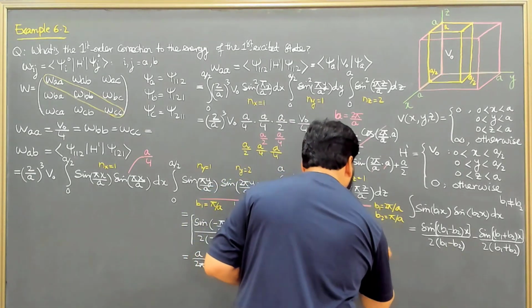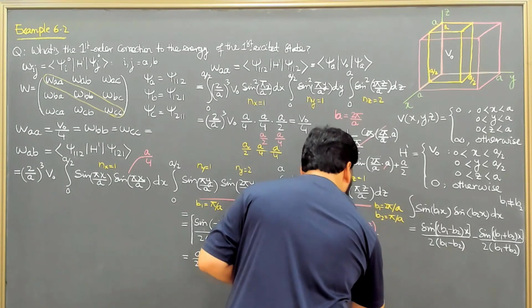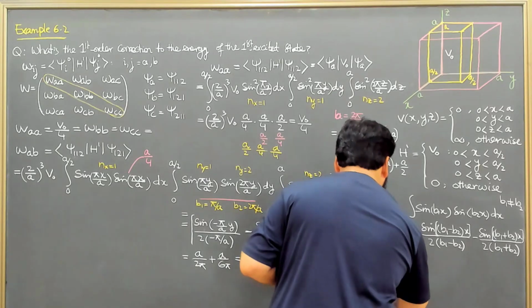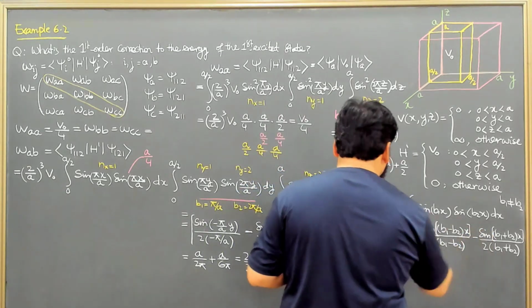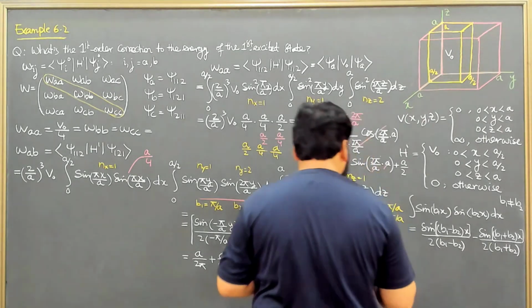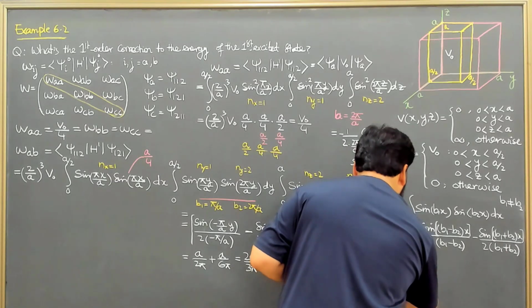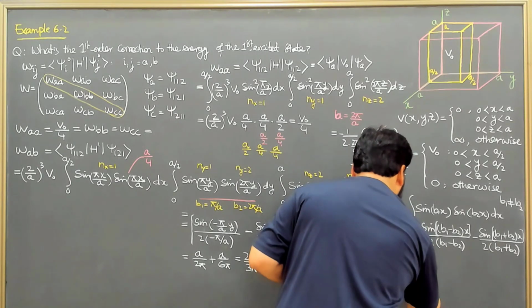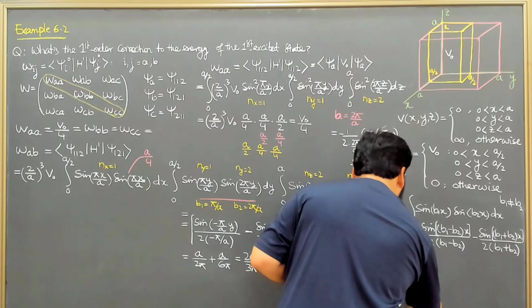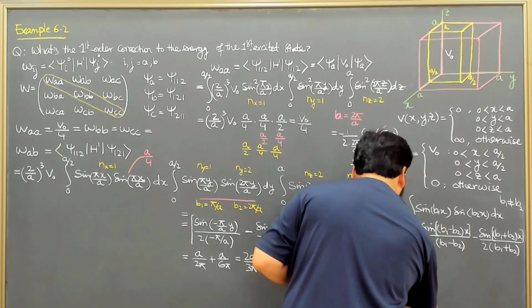Similarly, divided by that pi over a, minus sine b1 plus b2. So this will become 3 pi over a and z, and this one will be 3 pi over a.